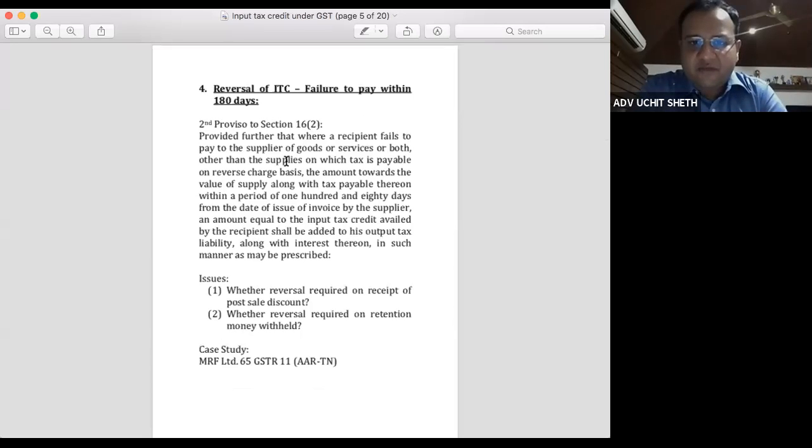Next, we move to the provisos to section 16 subsection 2, more particularly the second proviso.